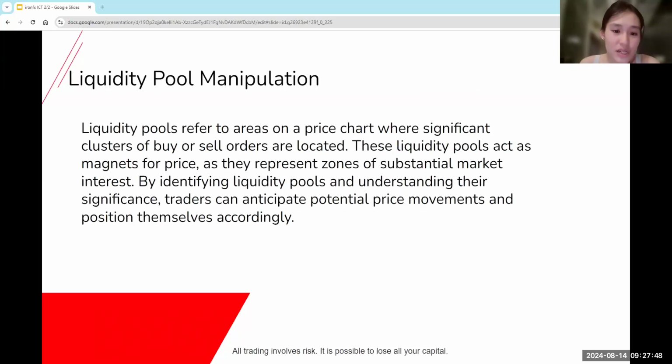So let's talk a bit about liquidity pool manipulation. Liquidity pools basically refer to areas on a chart where significant clusters of buy or sell orders are located.